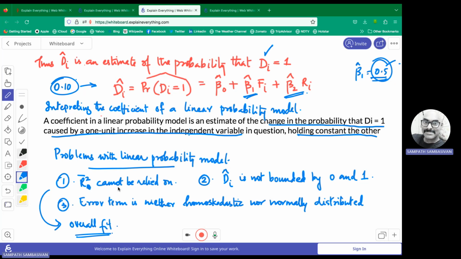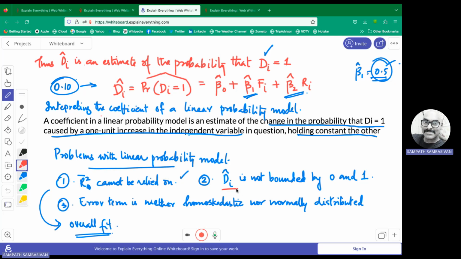So we have other mechanisms through which we try to find a solution to this problem, to the unreliability of R squared. That's one of the problems that the linear probability model faces.